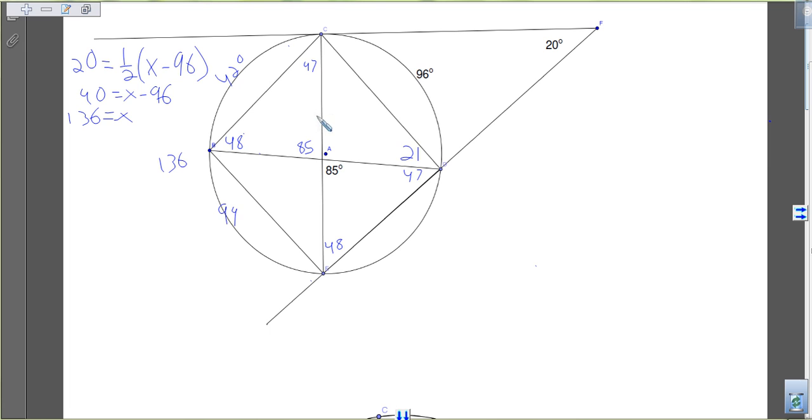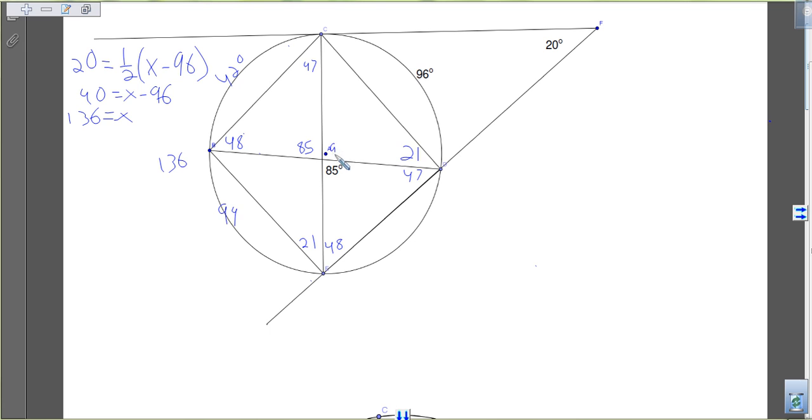And then I see that half of that angle in here is 21 as well. Alright, so I've got that. Let's see, I need to also solve for these angles.